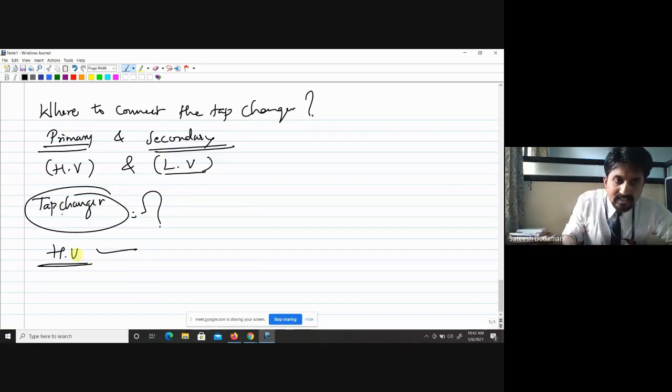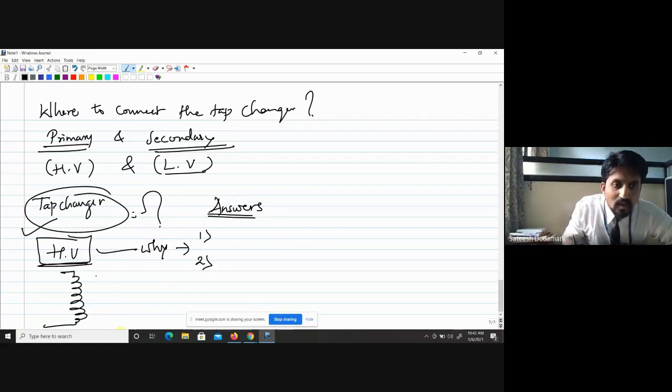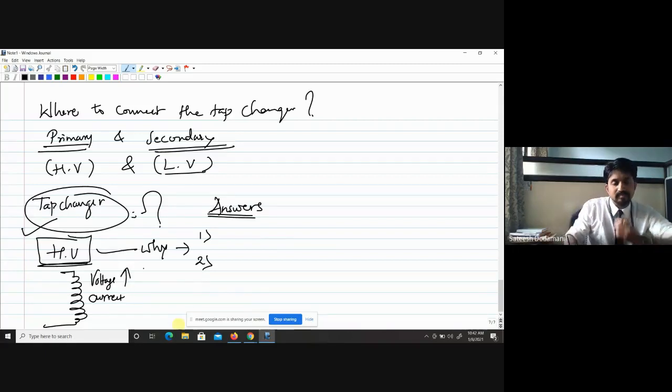So there are two answers. The answer is correct, at the high voltage side we connect the tap changer. Why? First answer is, as the high voltage winding side always has what? Voltage is high. What about current? Low. Current will be low, so that you can connect that tap changer easily from one winding point to another winding point.